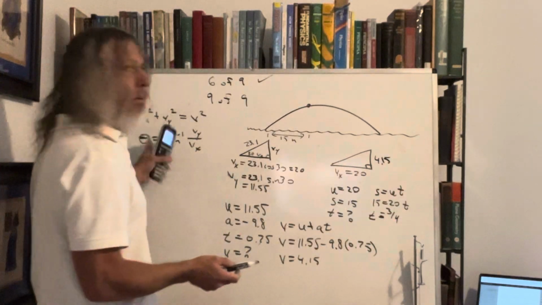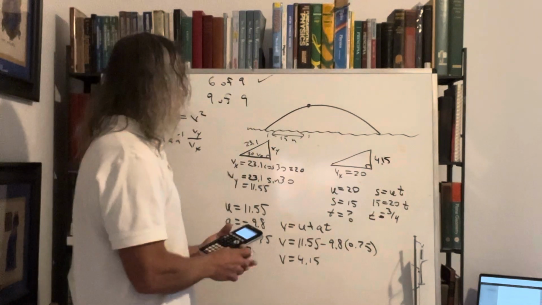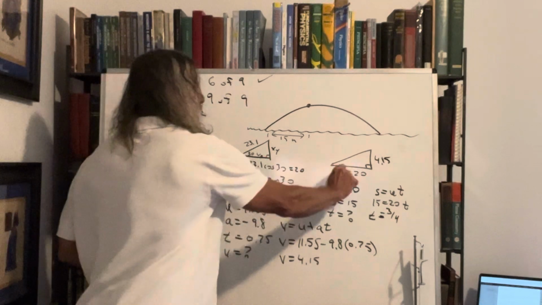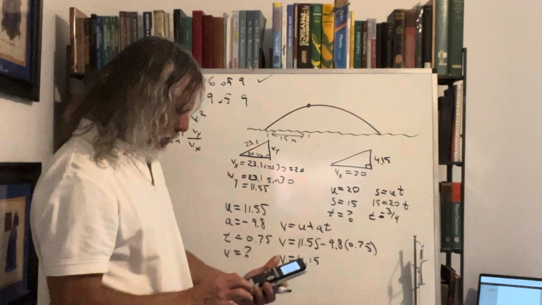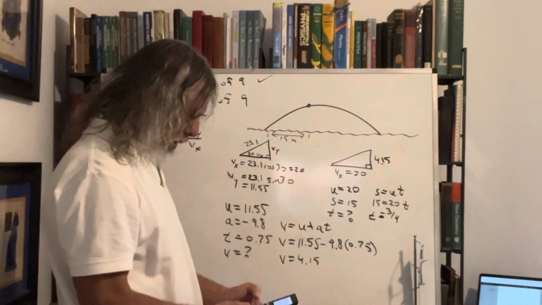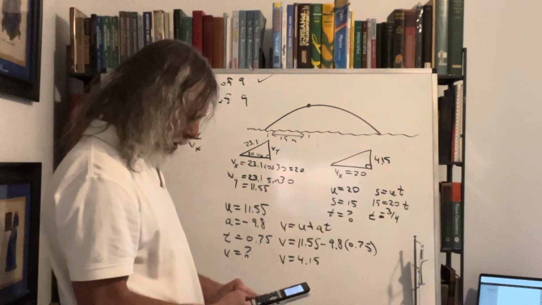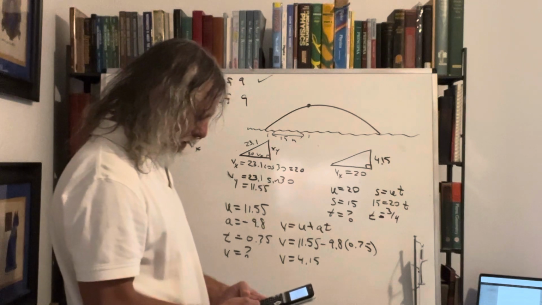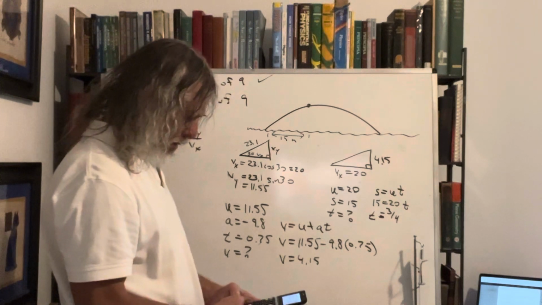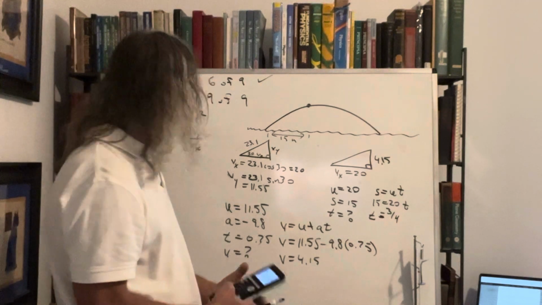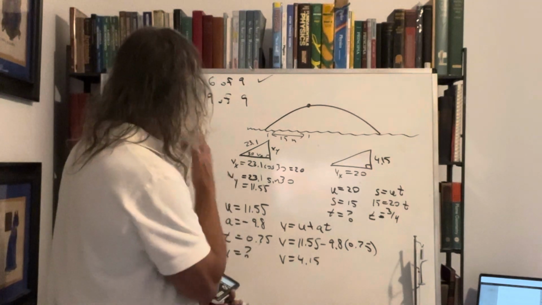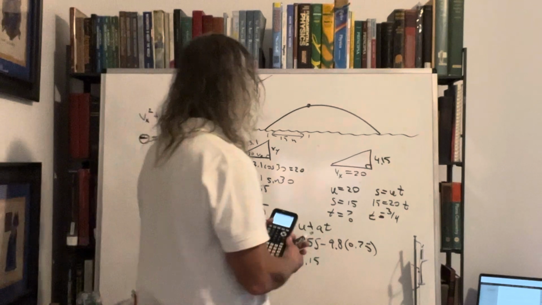Then as I say, we get our angle like this. The angle is inverse tan of opposite over adjacent. So second inverse tangent, 4.15 divided by 20 is about 11.7 degrees. So it went from 30 to 11.7.